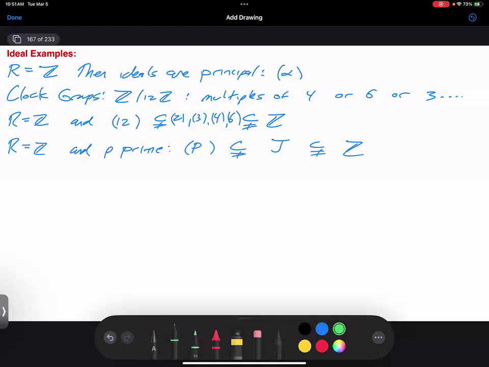So assume we have some x in J, but x is not in P. Okay. So we want to show that J now has to be all of Z, that if we have some ideal that contains all the multiples of P, then it has to be all of Z.